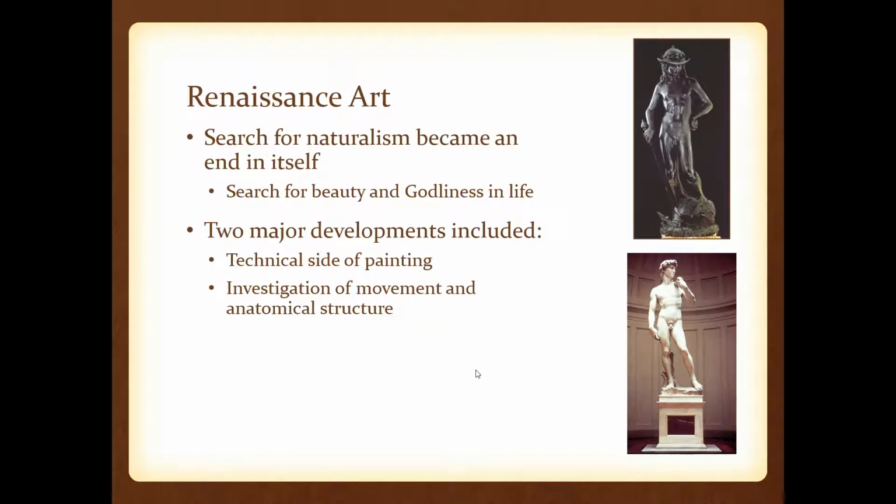And so you have these differences, but you can see movement. You can see that they look like real people. They look less like idealized versions and more like what human beings would actually look like. So you're looking at humanity as it is, not as it should be, not this idealness. Instead, you're looking at humanity in its purest form.